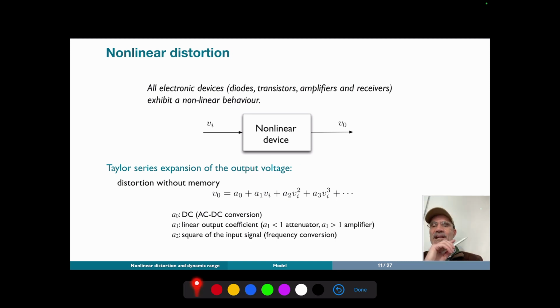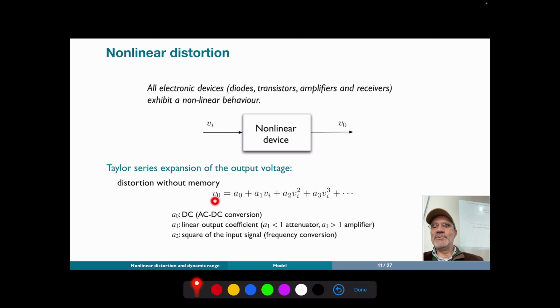Okay. If the distortion is a simple one, usually called without memory, which means that it does not depend on frequency, so if it is a static nonlinearity, we can model this nonlinearity by using a Taylor series expansion of the input voltage, as we see here.